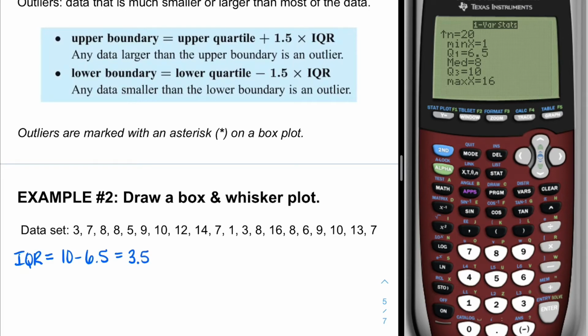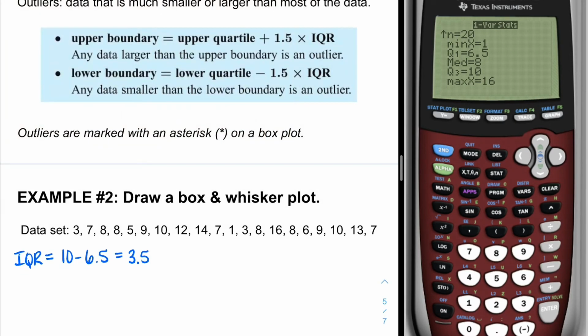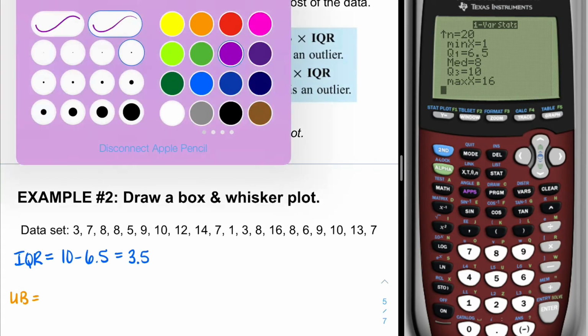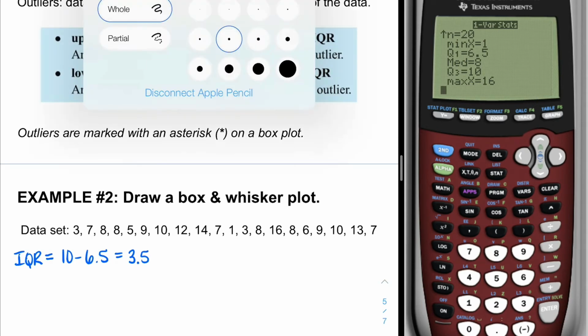Okay, so my IQR is 3.5. In order to find my upper bound, I'm going to call it UB, I have to take my upper quartile. Let me write this over a little bit. You don't have to rewrite on your paper. I'm going to do it.